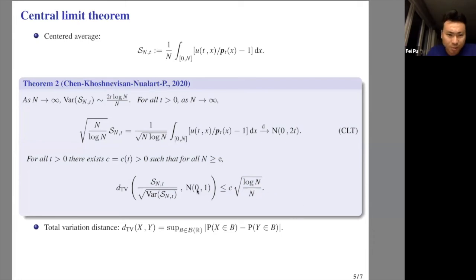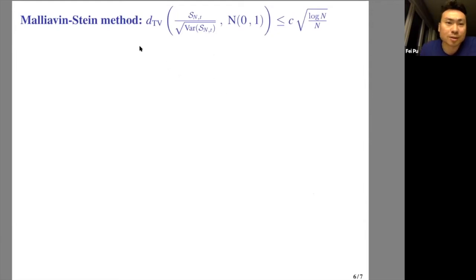All right, so now we only have to prove this inequality. We will use the Malliavin-Stein method to estimate the total variation distance. So this is our goal.